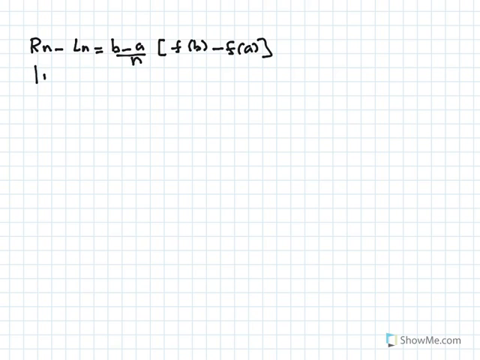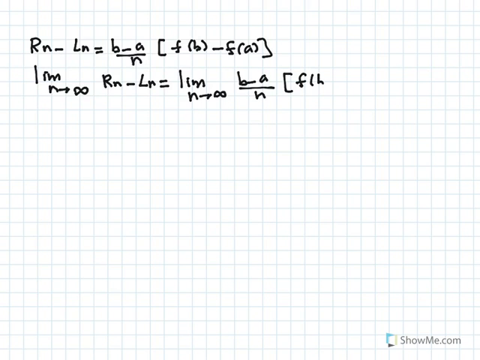Now let's take the limit as n goes to infinity of Rn minus Ln, which is the limit as n goes to infinity of b minus a over n times f of b minus f of a.